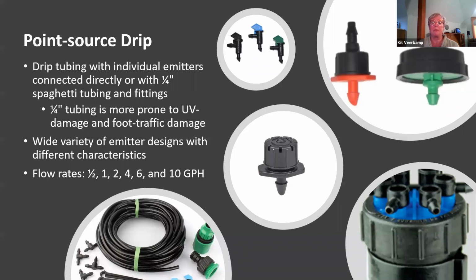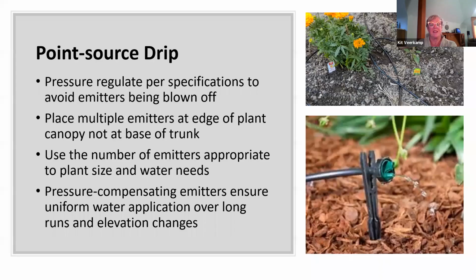These are just far more prone to not working properly than a dripper line system. And this is, again, what you see. So these emitters get kicked off their stands, whether it's by animals, kids, somebody running through it, then the emitter's no longer at the plant where you want it. So anyway, I'm not a fan.